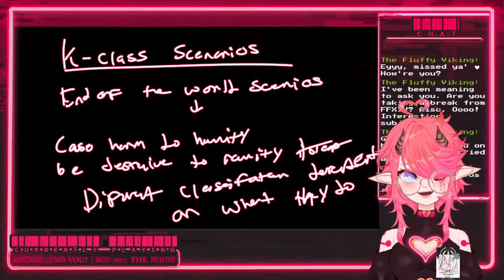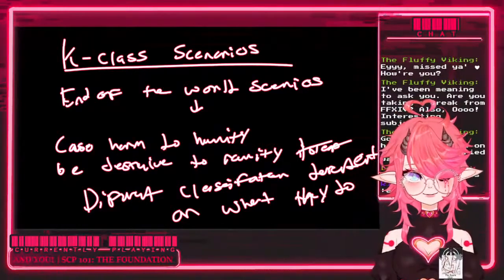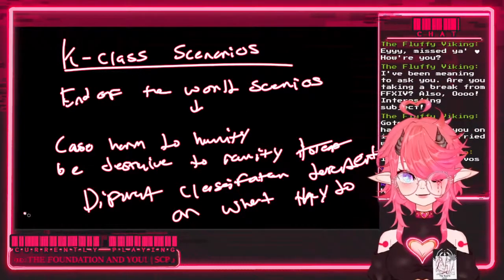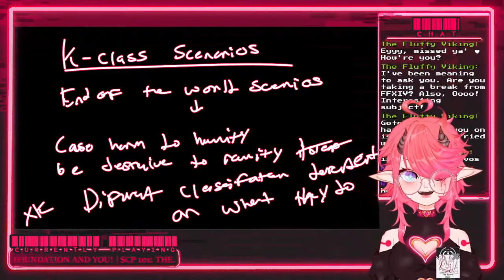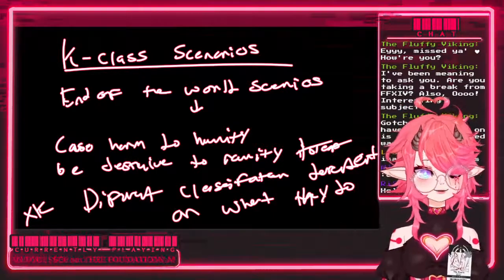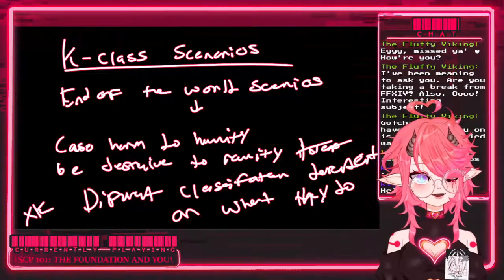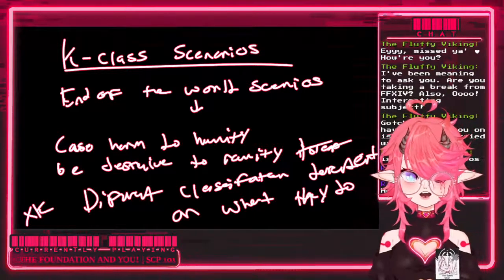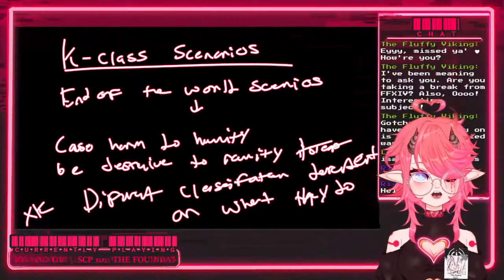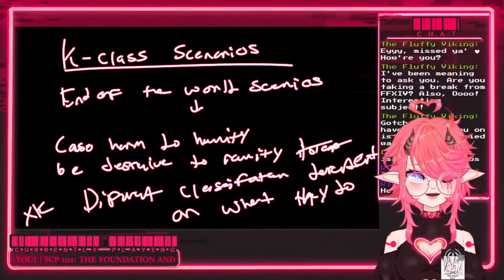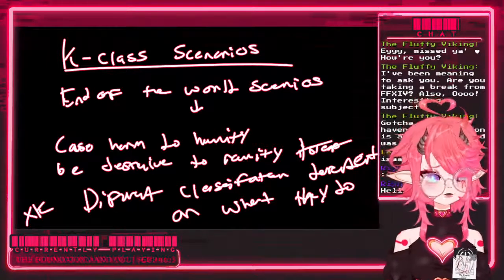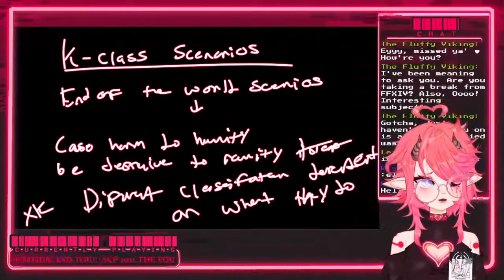Like for instance, let me hit XK. An XK class scenario is something that's brought up from time to time that you'll probably see. It's probably the most consistently brought up K-class scenario. An XK scenario is an end of the world scenario. It is a very broad term that you'll see used pretty often.